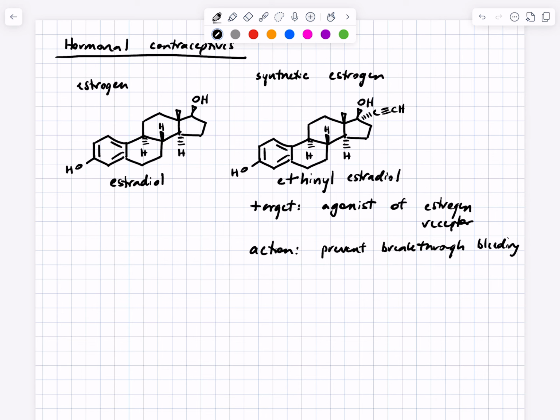So it was originally included to prevent breakthrough bleeding, but it also inhibits ovulation by reducing the secretion of FSH, which is follicle stimulating hormone.